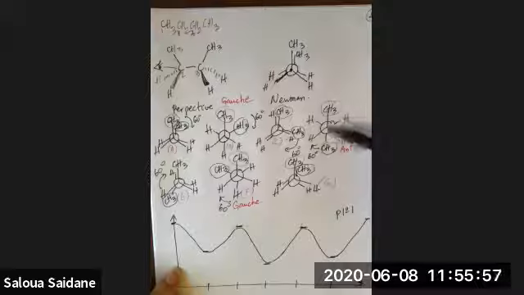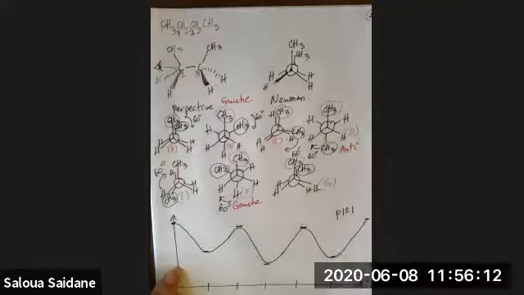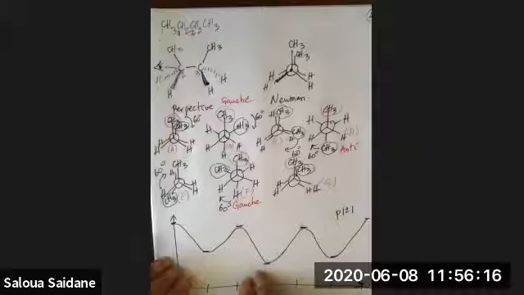And anti is the most stable because the two methyl groups are far from each other, so they have less steric hindrance. They're really free here. And of course, the molecule is going to constantly go through all of these phases, up and down, up and down. And that will, of course, create some kind of specific properties.